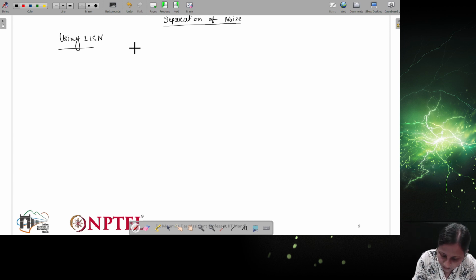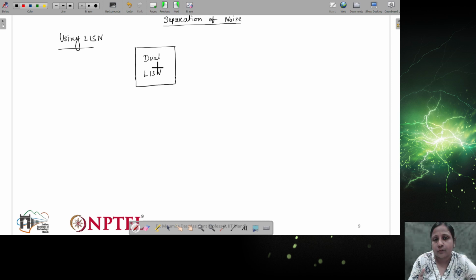I have shown you how the dual LISN is connected. We need dual LISN for separation, right? Then we'll have complete information of CM and DM noises.